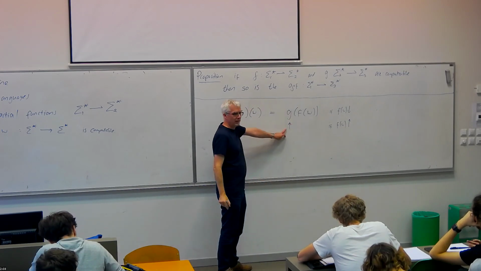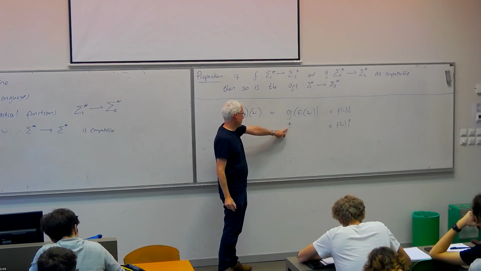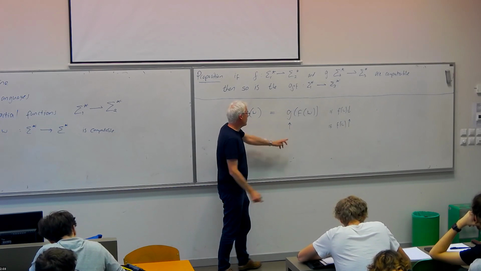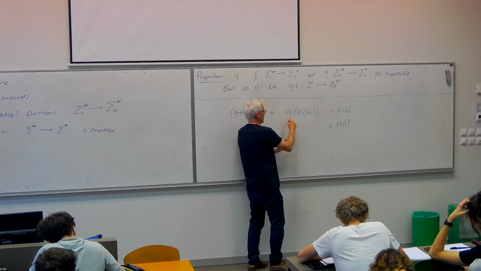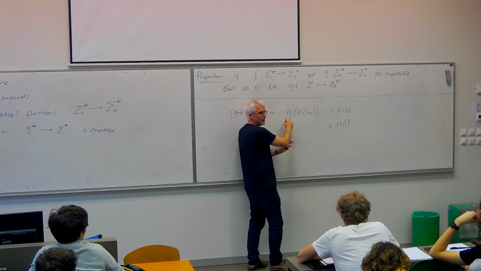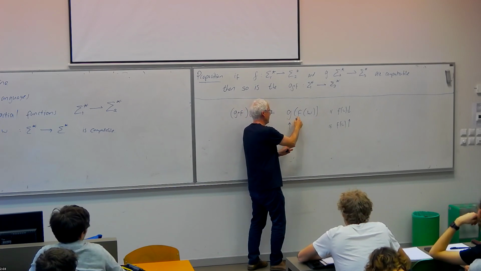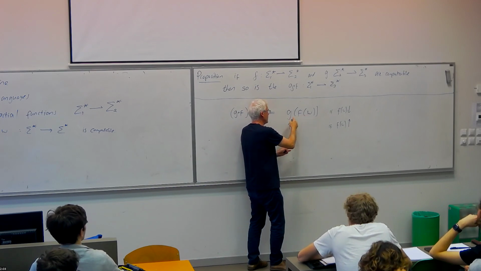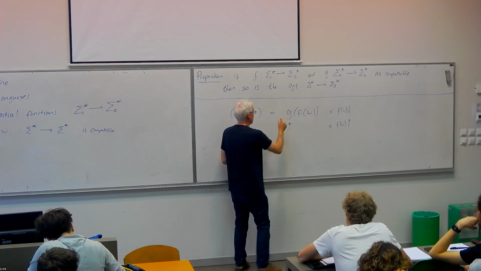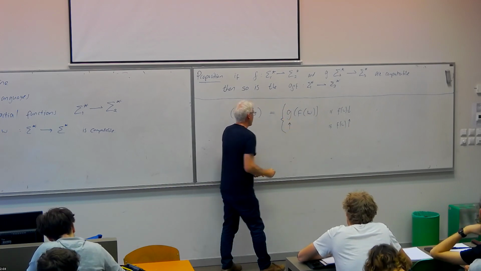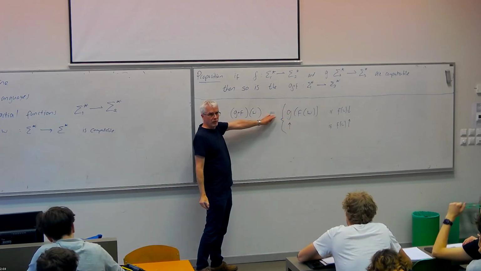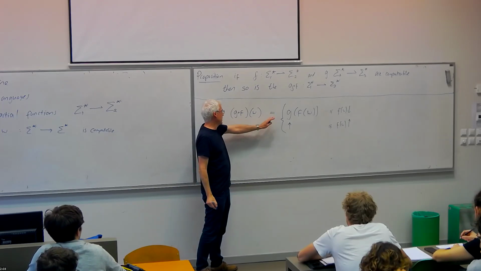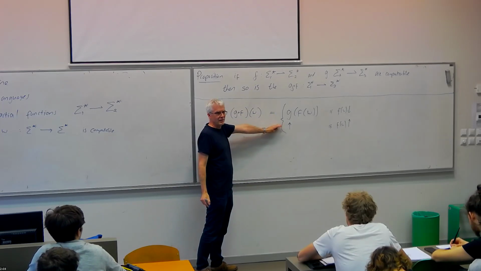So I'm using the up arrow for saying a partial expression is undefined. Also, even when f of w is defined, this could be undefined because g may be undefined on the value f of w. f of w need not be in the domain of definition of g. And the other thing I'm going to be a little bit careful with in this course is that when I use equals, I'm going to only use it when both sides are defined.